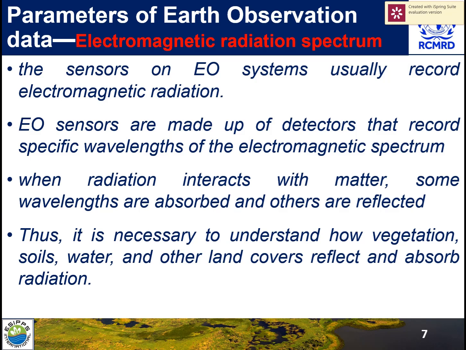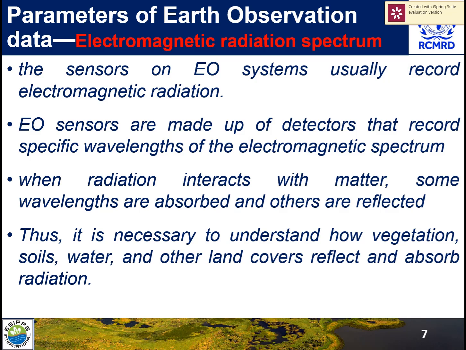So the ability of these sensors to record the different sections of the electromagnetic spectrum in terms of their wavelengths and frequencies is what gives a thumbs up for the Earth observation sensors. And through this, we can measure and monitor the different components of the wetlands to guide the vulnerability analysis.